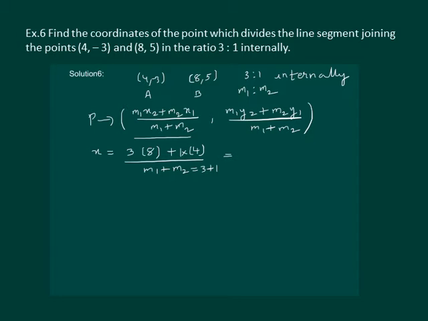This will give us 24 plus 4 whole by 4, 28 by 4, that is 7. So x coordinate of point P is 7. Similarly, calculate y coordinate.